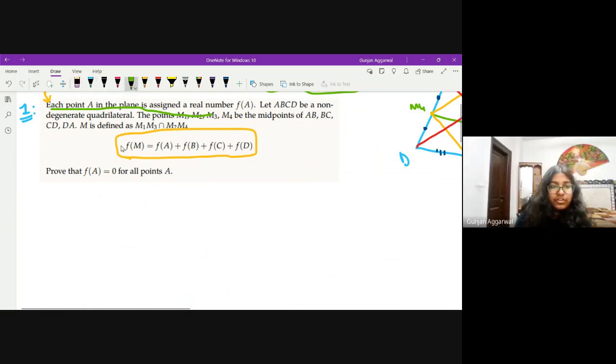So the function is okay. Let S be the plane, and then the function is from S to the set of real numbers.